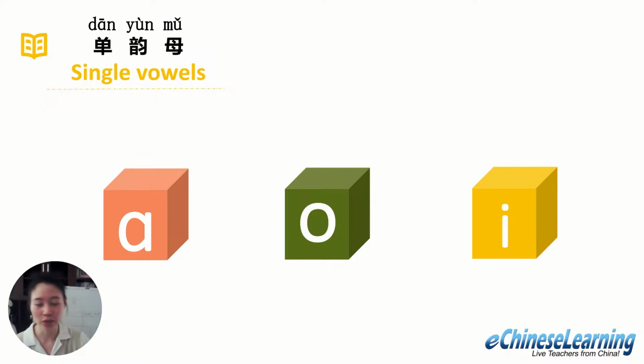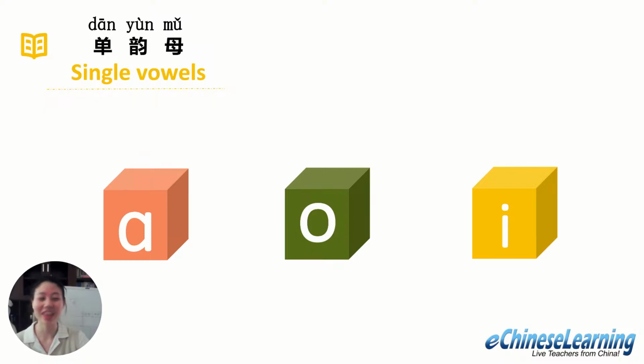Let's review these 3 single vowels again. The first one is ah, second is o, last one is e. Those are the 3 single vowels. Any questions?